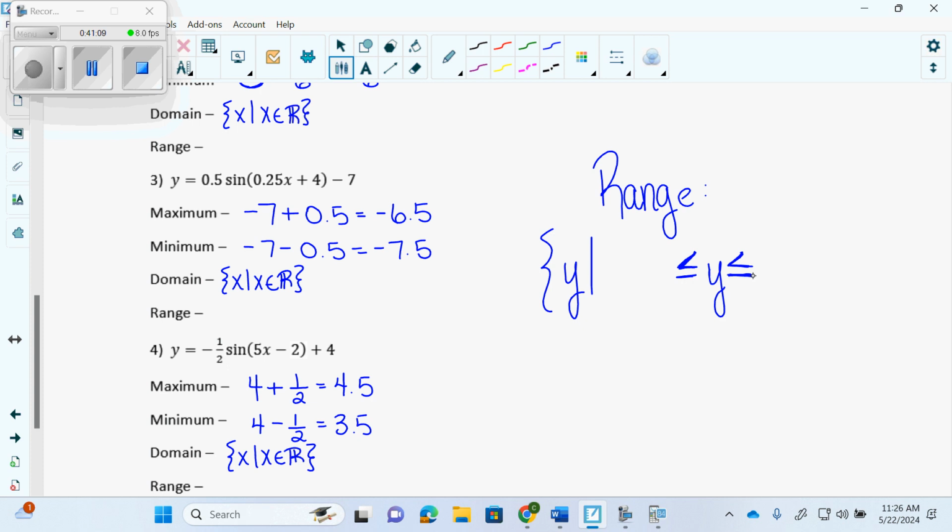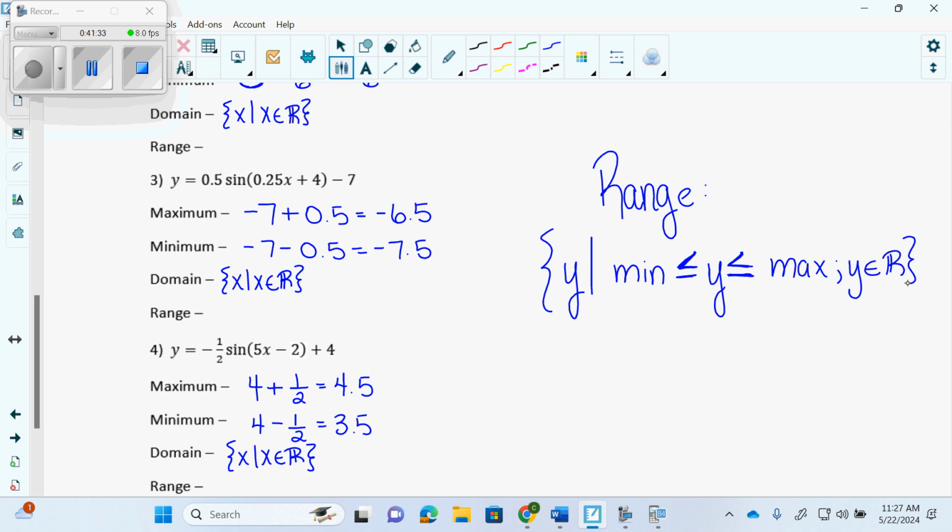What is it greater than or equal to? Your min or your max? It's greater than or equal to the min, and it's less than or equal to the max. Y element of the reals. So your range is really easy if you know your min and your max. Your range is impossible if you don't know your min and your max. We agree?